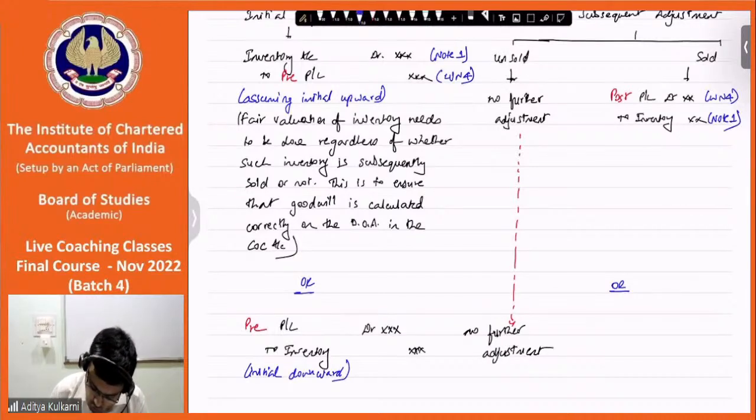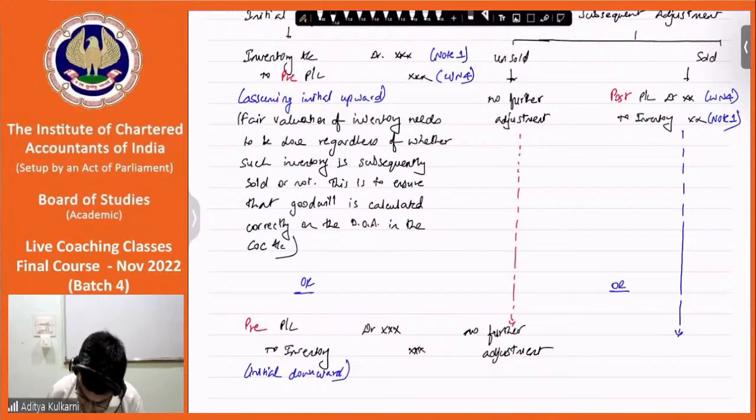If it is sold, same entry, recognize the reversal of it. Inventory account debit to post P&L.